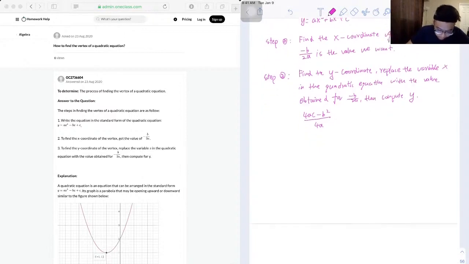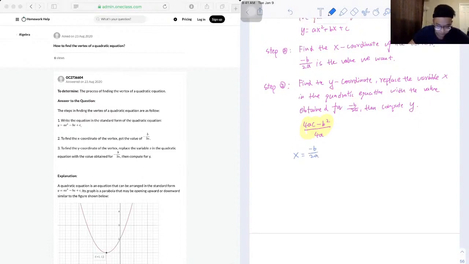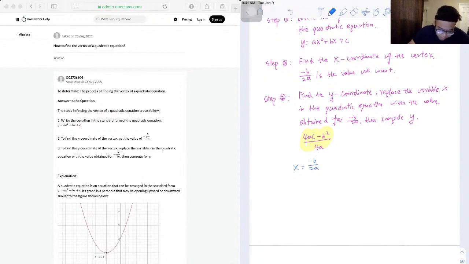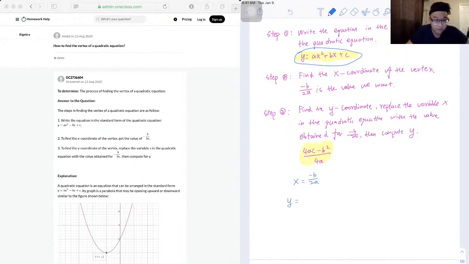And now I'm going to prove why this is true. Okay, so we have our x is negative b over 2a. Now I'm going to sub this back into our standard form, the equation here. For the left hand side, it's still going to be y.